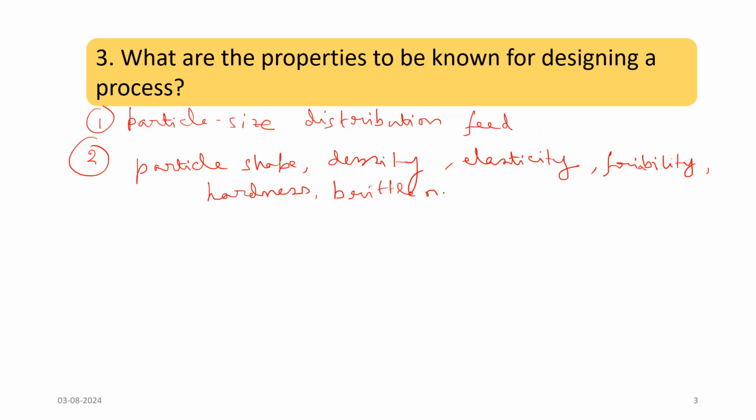We have to check these because depending on these properties of the particles, we have to choose the equipment. So we cannot use the same equipment for every kind of particle to be size reduced. That is why the particle size and shape distribution is very important.